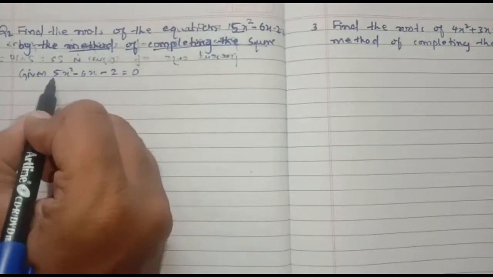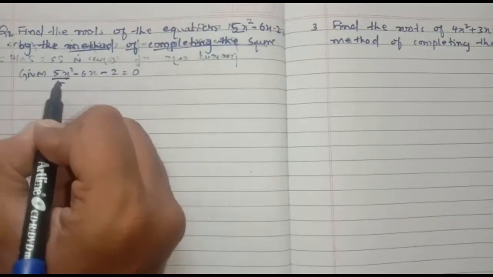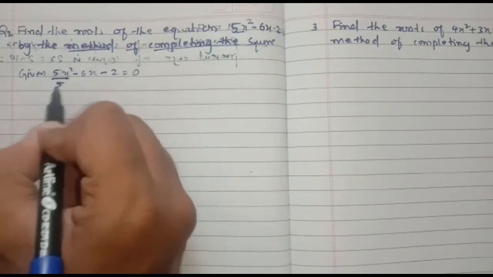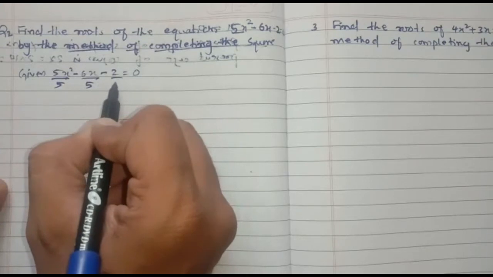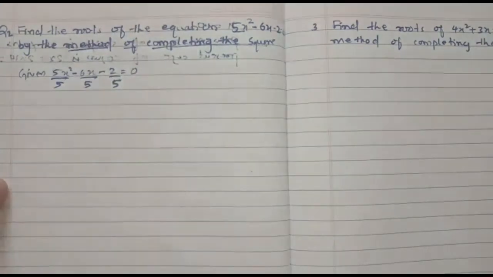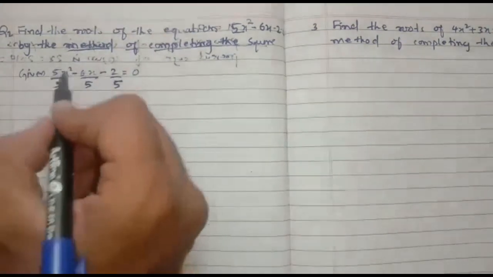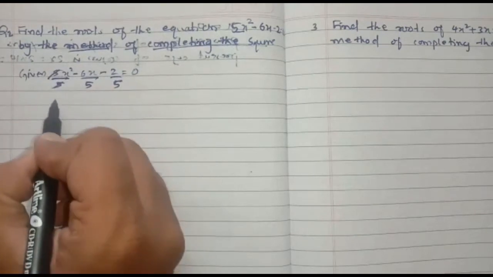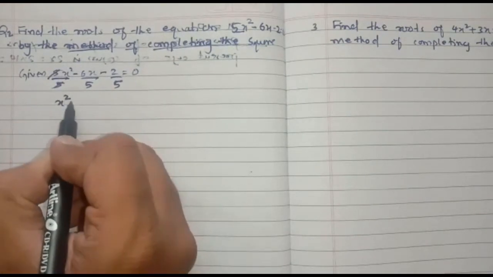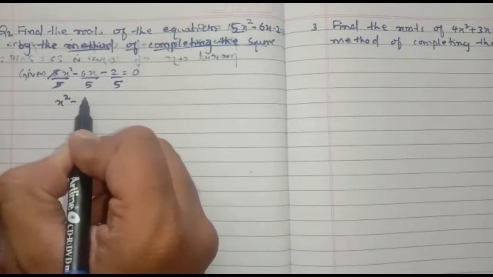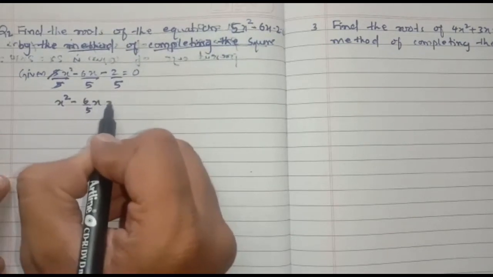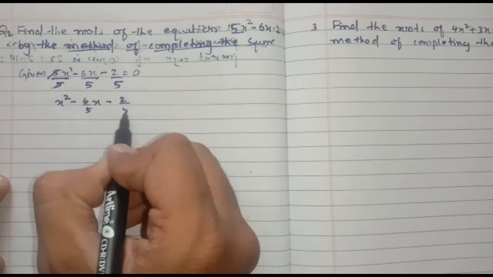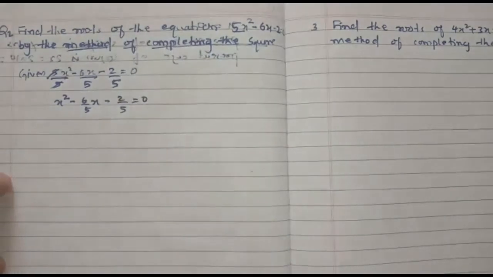I want you to write this and then write the next step. Divided by 5 and divided by 5. Now 5 and 5 get cancelled. X square will remain here minus 6 divided by 5 into x minus 2 by 5 is equal to 0.